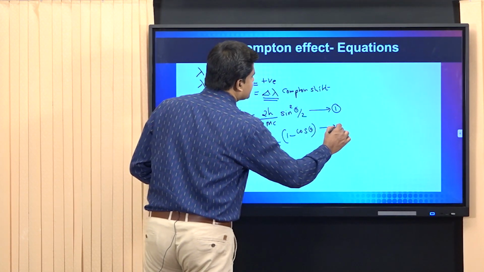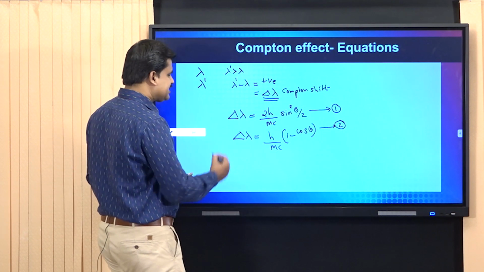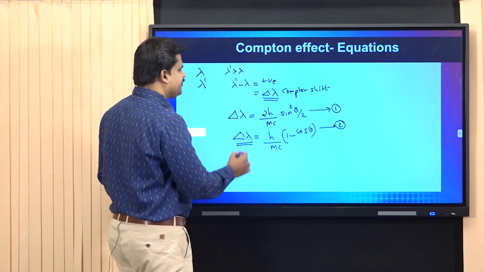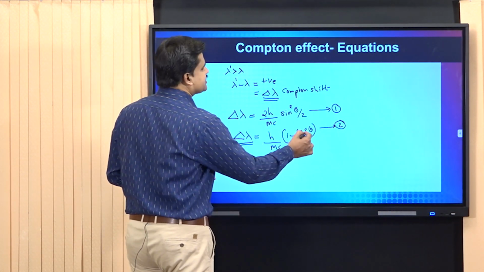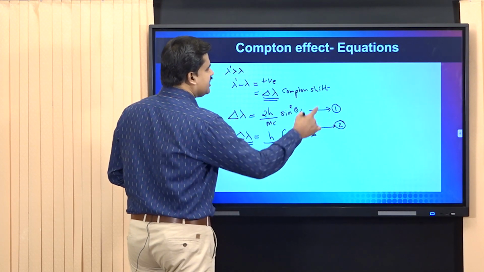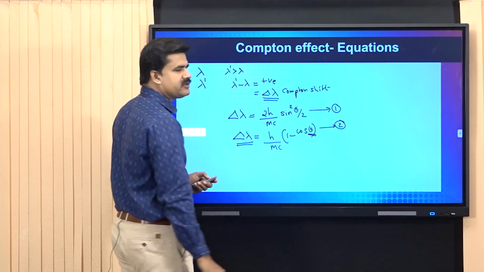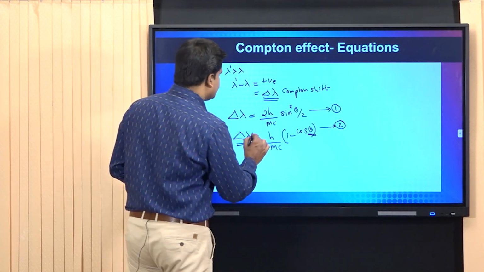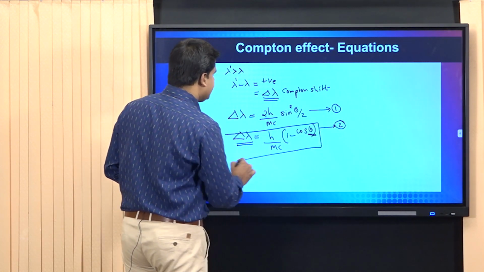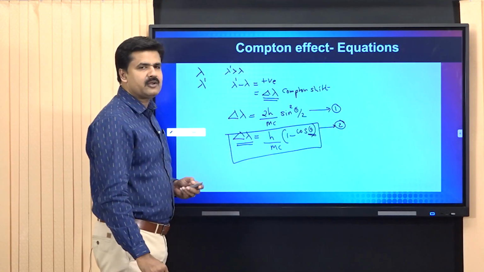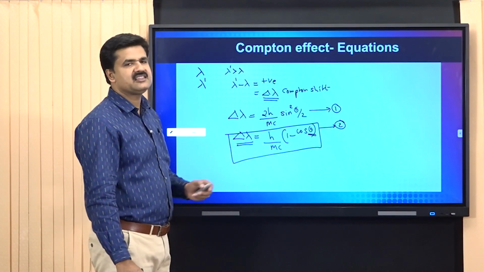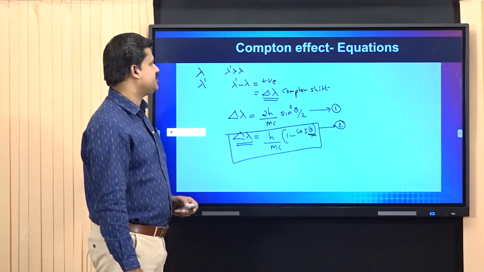I mark it as equation number 2. That is, the wavelength shift is related to the scattering angle theta in equation 2 as well as in equation 1. Equation 2 is more conveniently used for the calculation of the wavelength shift or Compton shift.